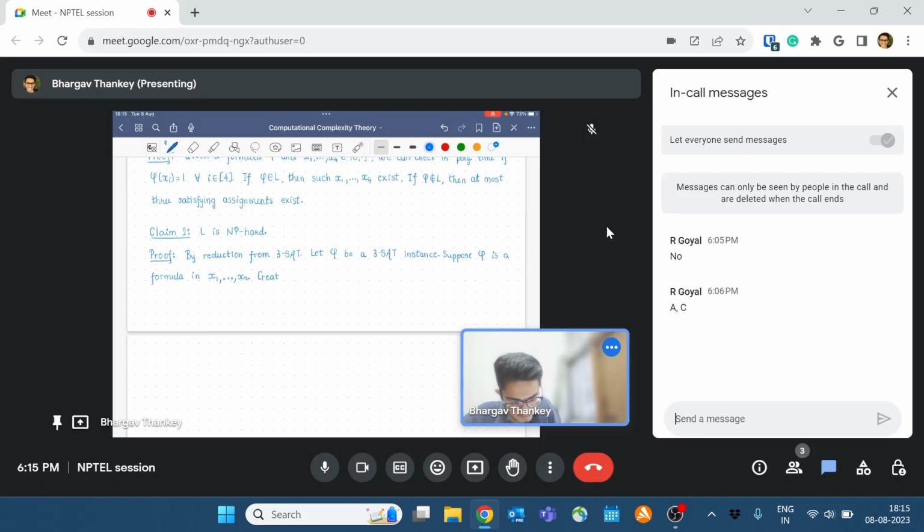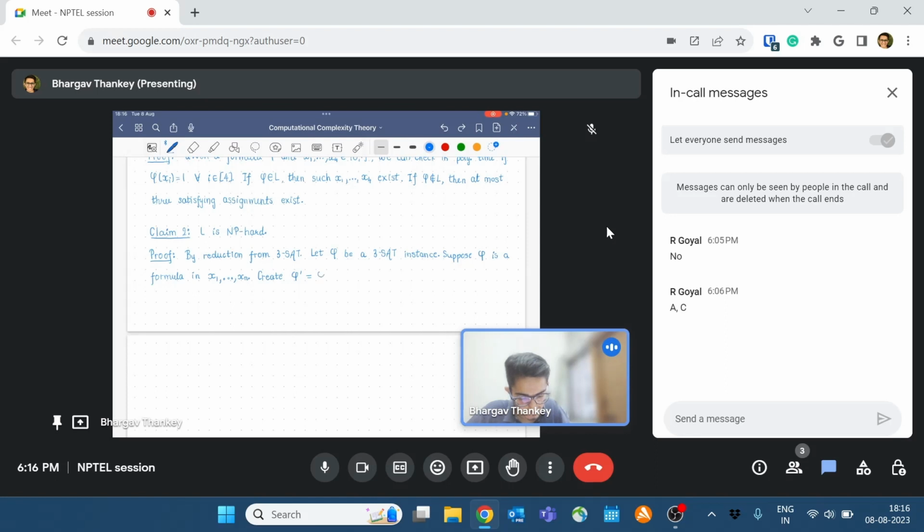Create phi prime as, okay, would you like to guess how we would create phi prime? If there is one assignment, we want to make it four assignments. Would you like to guess how we can do that? Difficult to guess, okay.